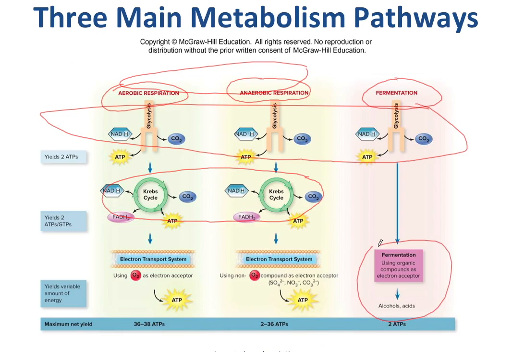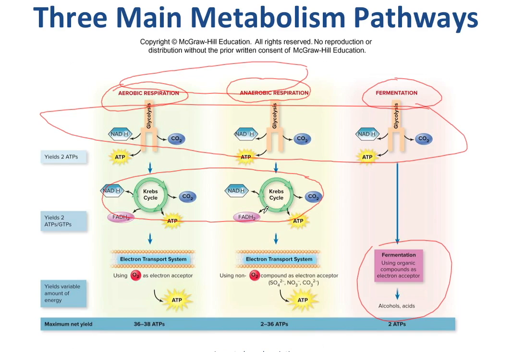So it's done. However, for the aerobic and anaerobic, the Krebs cycle can continue to degrade the 3 carbon units, to break down the chemical bonds between the carbons to release the energy. Release the electrons.